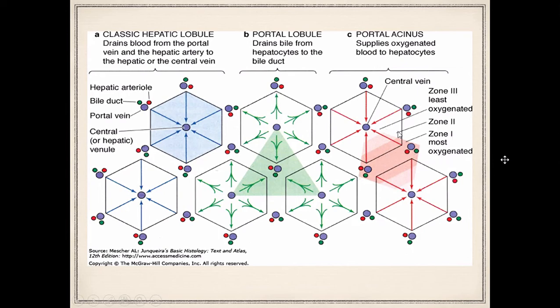Zone 2 is less oxygenated, and then you have zone 3, which is the least oxygenated. So zone 1 is more oxygenated, zone 2 lesser, and zone 3 is the least.